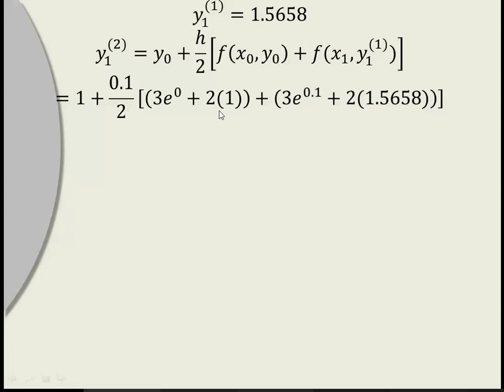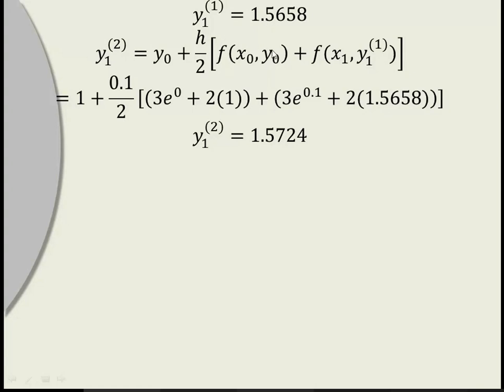Substitute those values into the function and then do the calculation. Simple calculations are there. That gives us y1 second iteration as 1.5724.